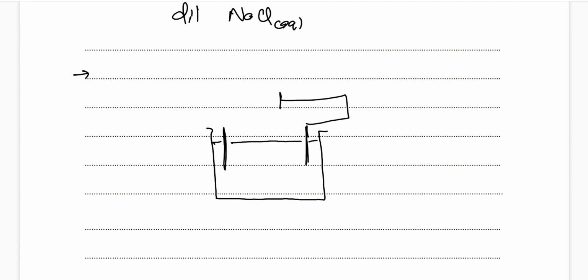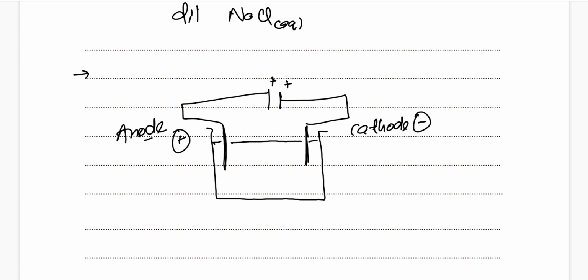I'm writing here, trying to draw the electrolytic cell, and here are the electrodes. One is called cathode and one is called anode. Plus charge, so this is the anode and this is the cathode, minus charge.